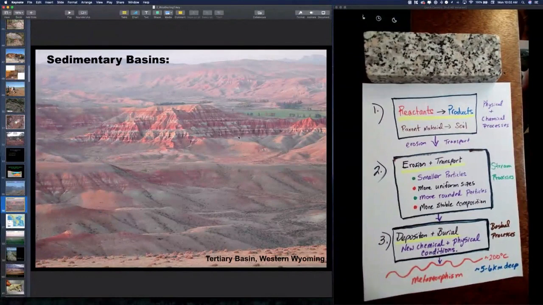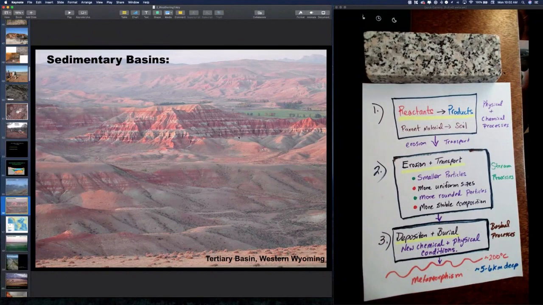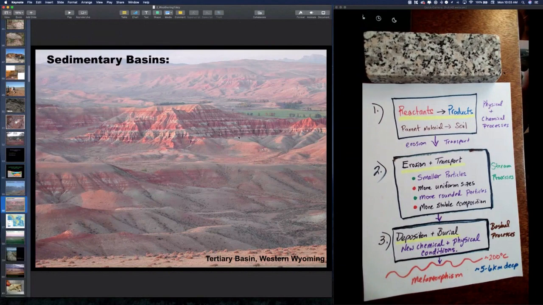Okay, so we're making new minerals. And we're making a new crystalline texture from the new minerals forming. And we call that metamorphism and metamorphic rocks. So we leave the sedimentary realm at about 5 kilometers.